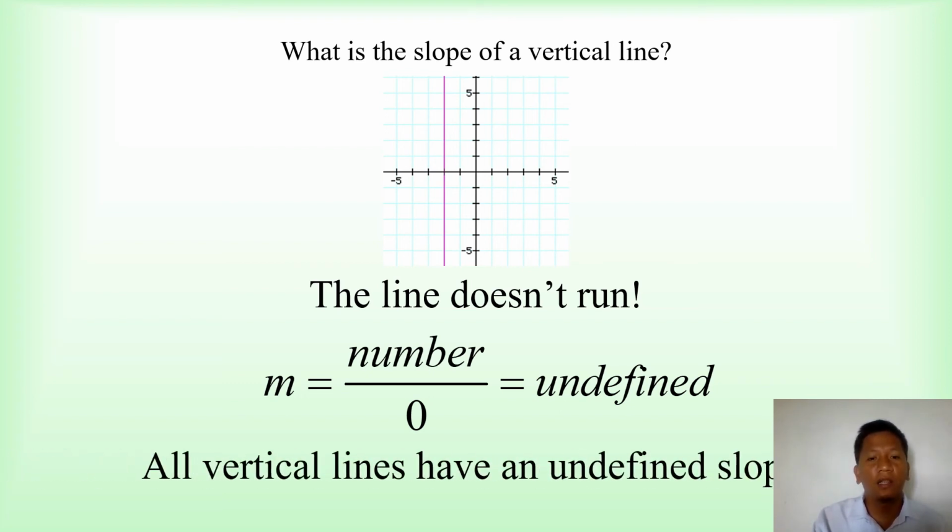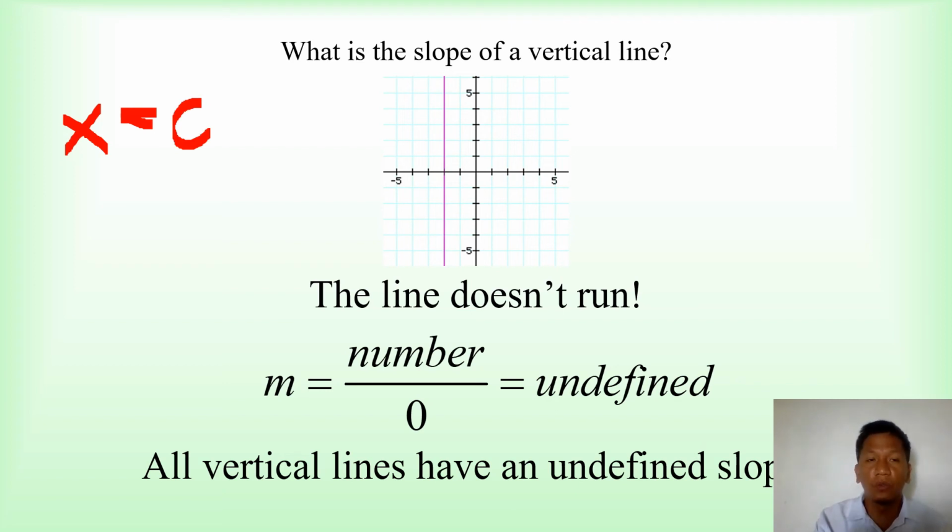So, all vertical lines have an undefined slope. Naintindihan? All vertical lines have an undefined slope. And the equation for a vertical line, we have x is equal to the number, or equal to c.